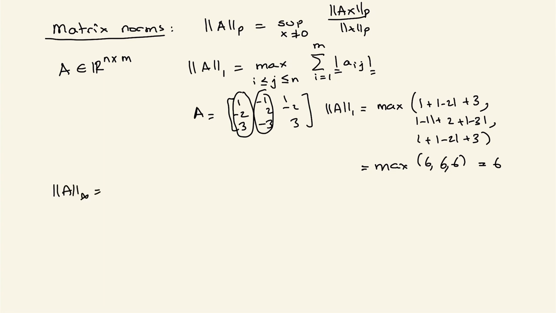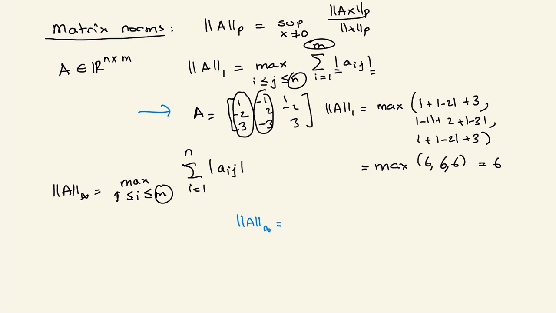A infinity is defined now as max over i from 1 to m. We were using n here, now using m here. Instead of m, now we are going to use n, with j equals 1, absolute value of aij. So now consider the same example and find A infinity here.